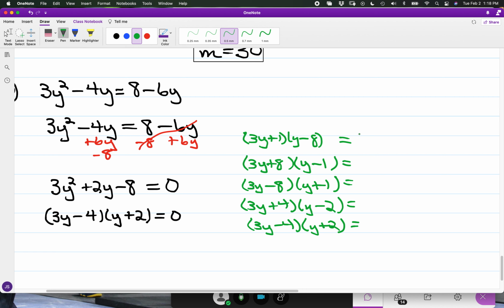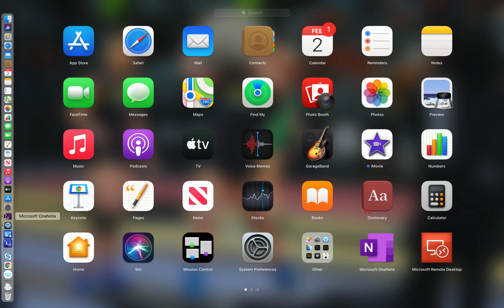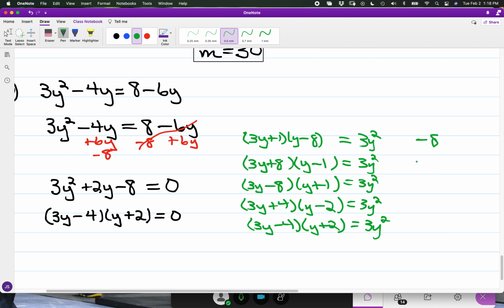what we have here, so you have like 3y squared, all these would have a first product of 3y squared. And also, they would have a last product of negative 8. But you need the right outside-inside product combination. So here we have negative 24y plus y, so you have negative 23y.